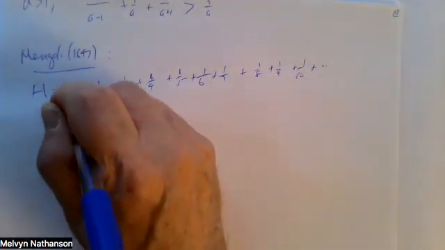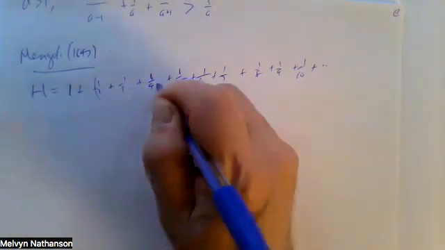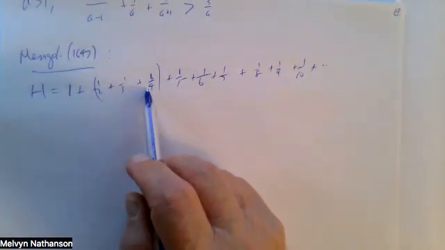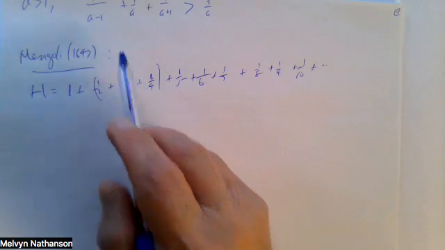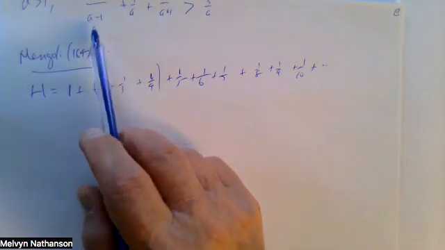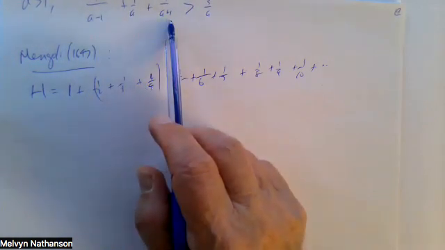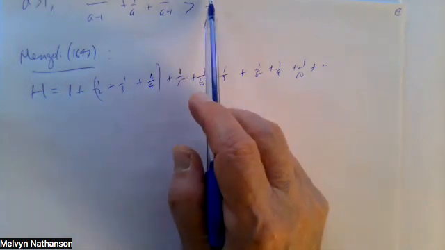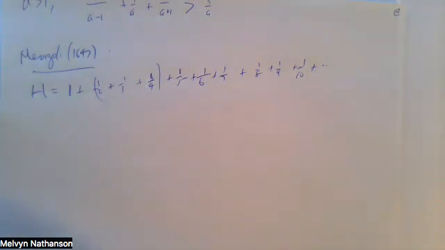So I can think of this as 1 plus a half plus a third plus a fourth. See, this says if you take the reciprocals of 3 consecutive integers, that's bigger than 3 times the reciprocal of the middle integer.